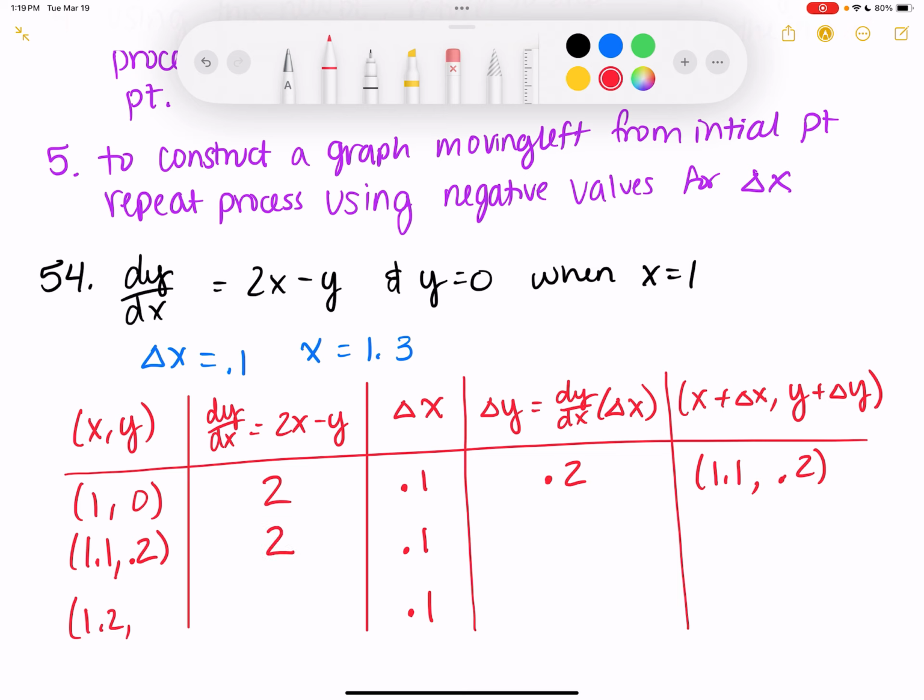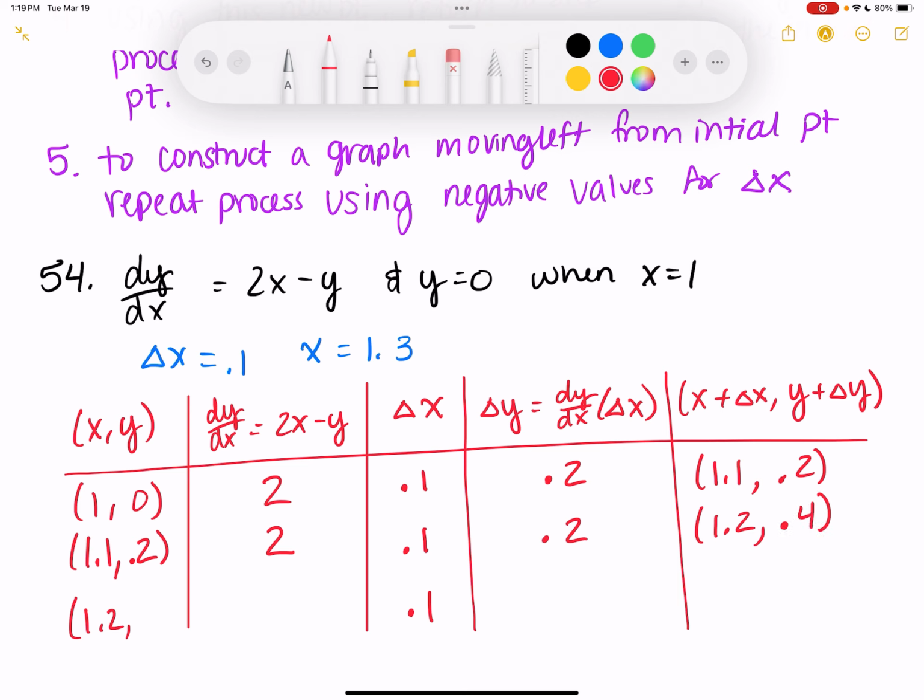2. Then dy dx times delta x is still 0.2. So x plus delta x, 1.1 plus 0.1 is 1.2. Then y plus delta y is 0.2 plus 0.2, so 0.4.